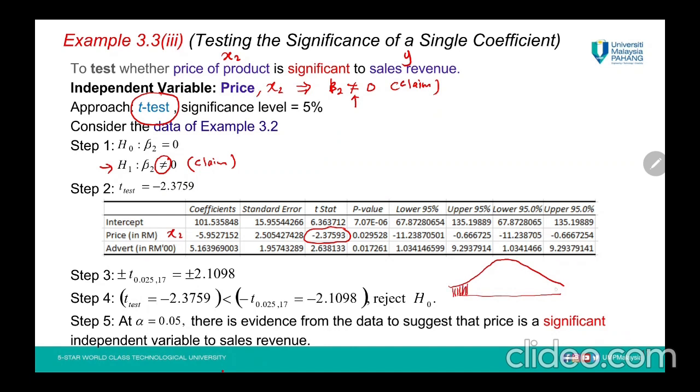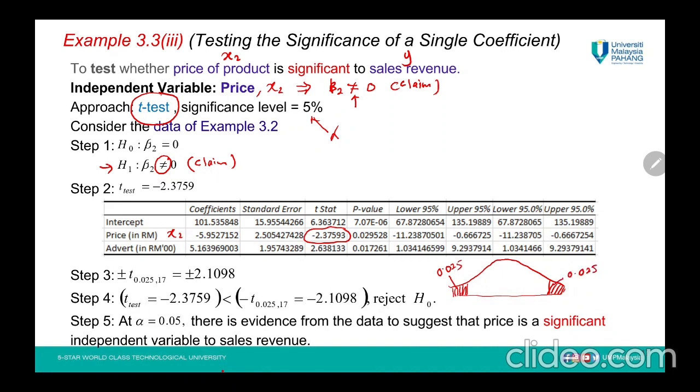Since we have 2 rejection regions, our alpha needs to be divided by 2. Our alpha is 0.05, so divided by 2, we get the probability for each rejection region, that is 0.025.